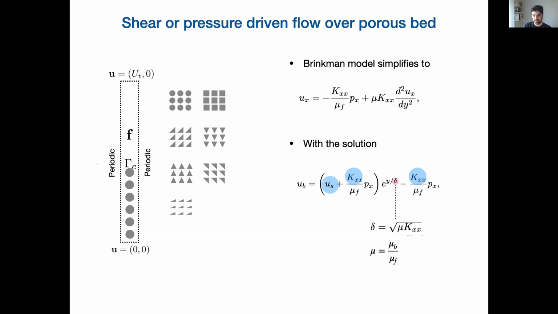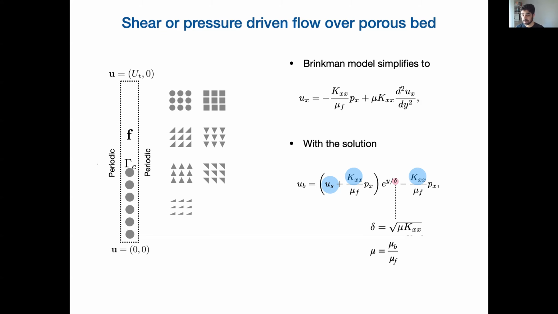And at that crest plane, you will have a slippage, a slip velocity. And that slip velocity can be determined basically for any geometry. And similarly, the permeability can be determined for any geometry. So K_xx is the interior permeability of the porous material, and that one can also be determined. So determining the blue ones is not a problem.